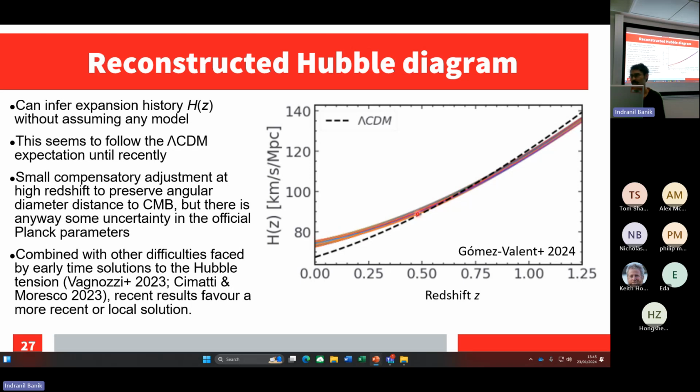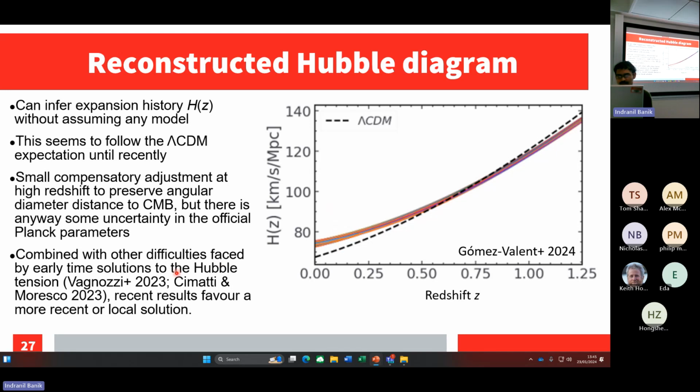So there's a deviation from the black line at late times or low redshift. There's also a slight compensatory adjustment here, but this is not such a big deal. That's basically to try and preserve the angular diameter distances so the CMB looks the same. They're assuming that this is at the background level, that H is higher than it should be. They're not considering the possible impact of peculiar velocities on this.